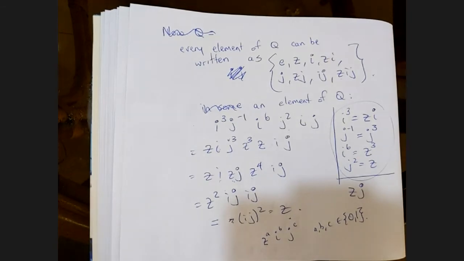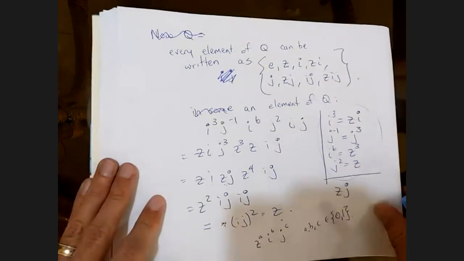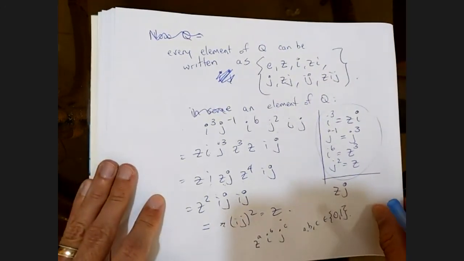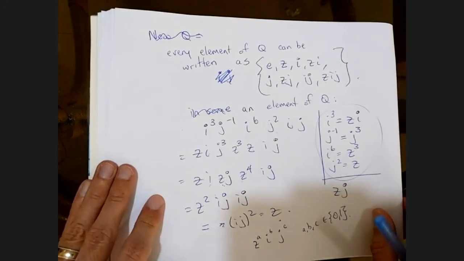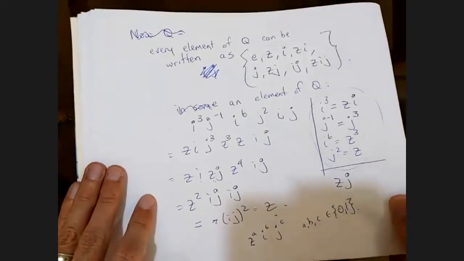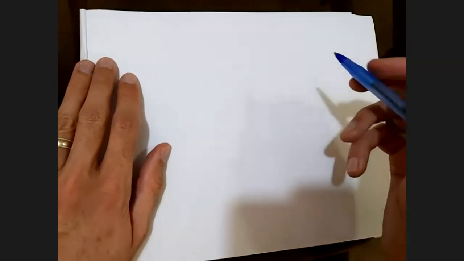Okay. Let me tell you 2 of our other main sources of groups. Basically, we have groups coming from linear algebra, and we have groups coming from combinatorics as well.